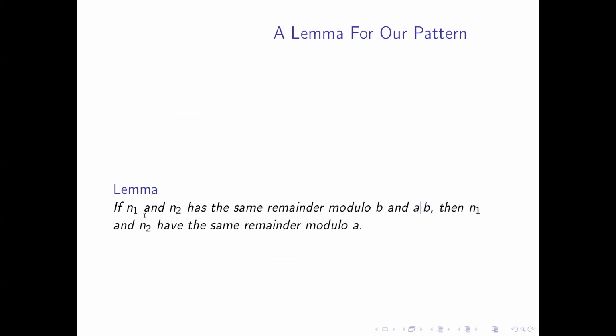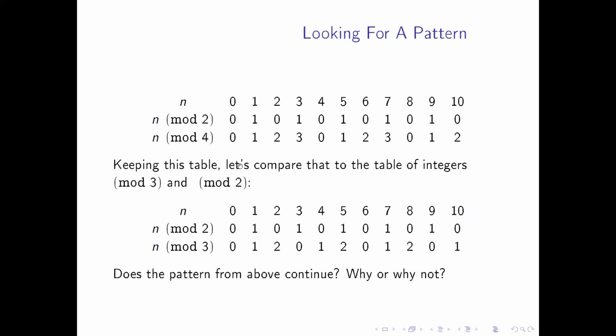So we actually have a lemma that we get from this. If you have two numbers, n1 and n2, that have the same remainder mod b, and a divides b, then n1 and n2 have the same remainder mod a. Let's come back up here. 2 divides 4. To illustrate this, what are two numbers that have the same remainder mod 4?